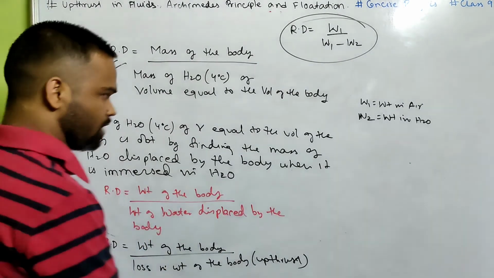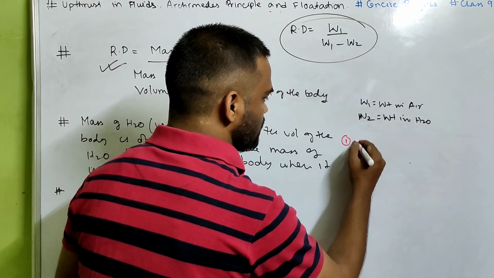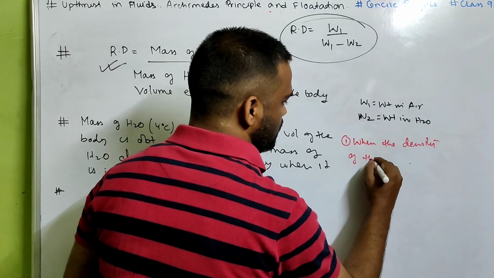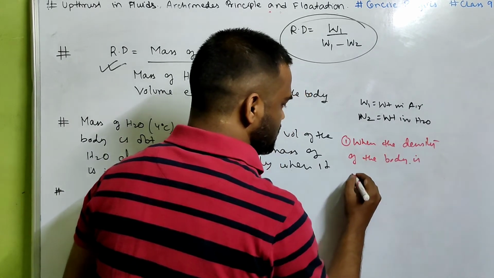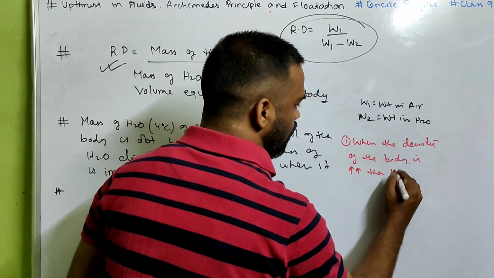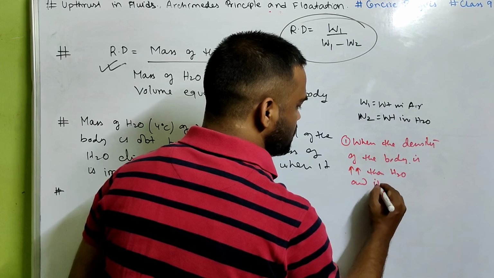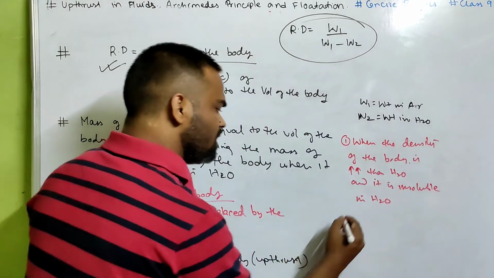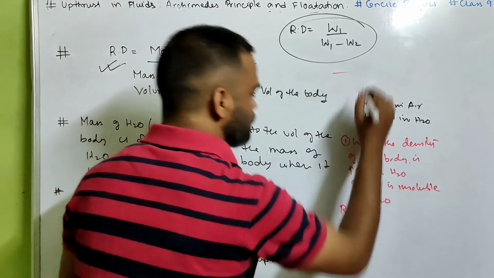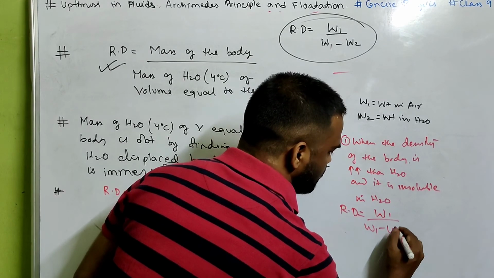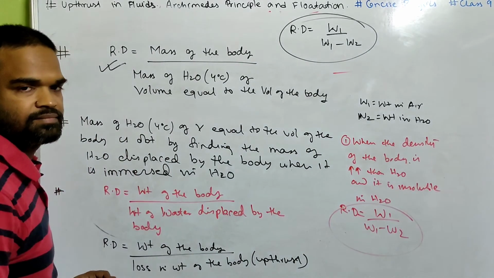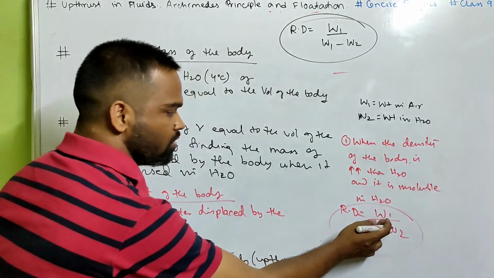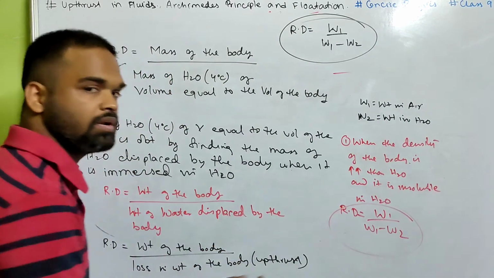For the first case, when the density of the body is greater than water and it is insoluble in water, then relative density is this only, W1 by W1 minus W2. There is no change when the body is insoluble in water: weight of the body in air by weight of the body in air minus weight of the body in water.